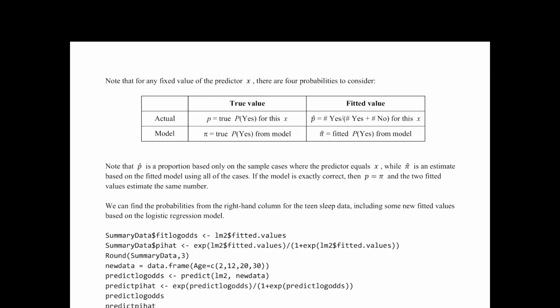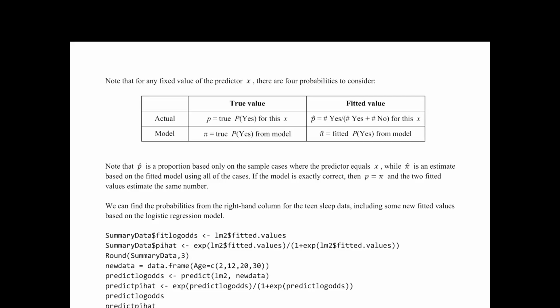Okay, so we basically have 4 probabilities that we're working with, and we have these true values. So for a particular value of x, little p is the true probability of success for that value of x, like for a particular age, whereas p hat is based on the age, for example age 14 in our data set, just in the collected data, right? So that's the probability of success based on the sample cases, as it says underneath here.